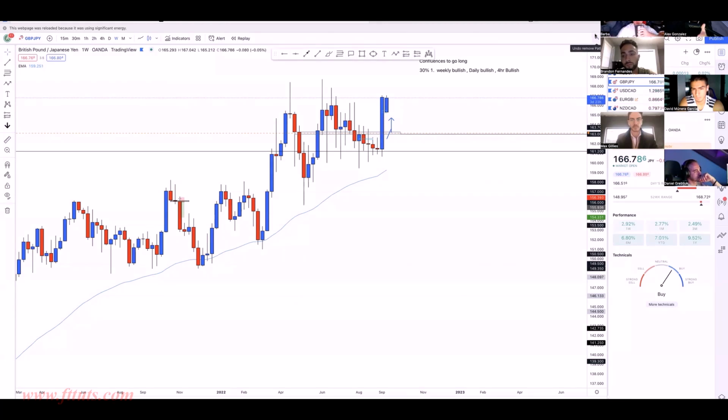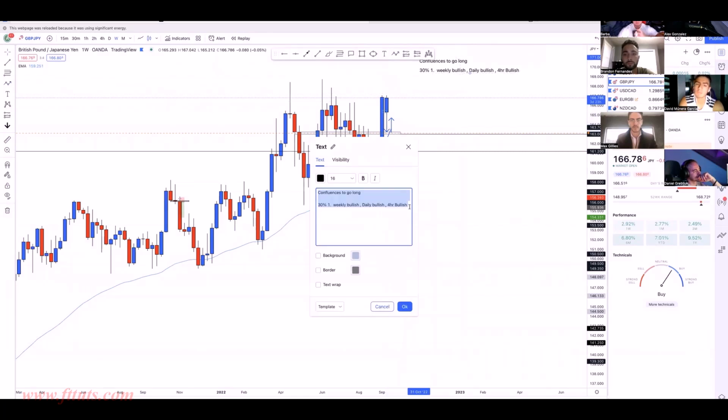Would you guys want to buy here right now where we are? Exactly. We are at a higher high. We need a higher low to go long. So this is where we go down and we put number 2. Need retest of area of interest.